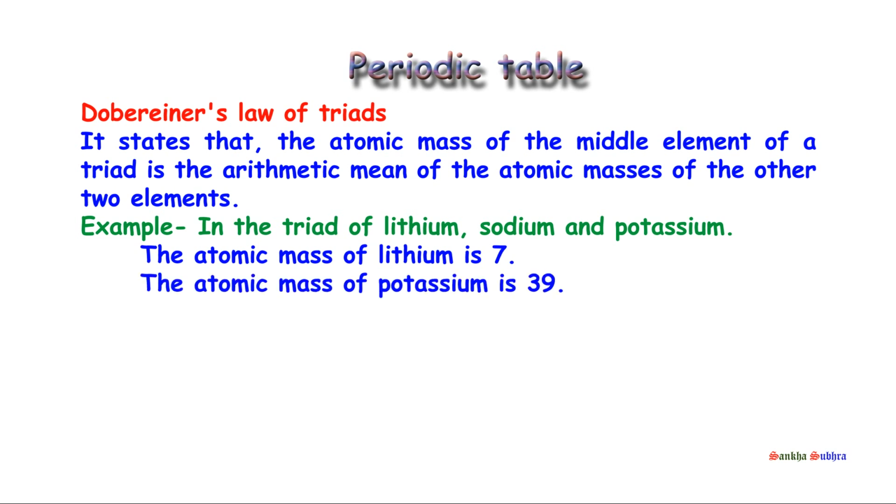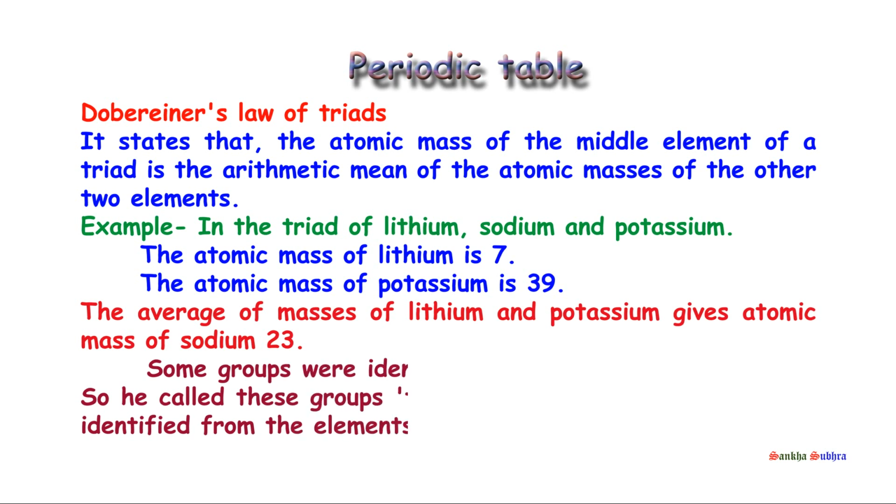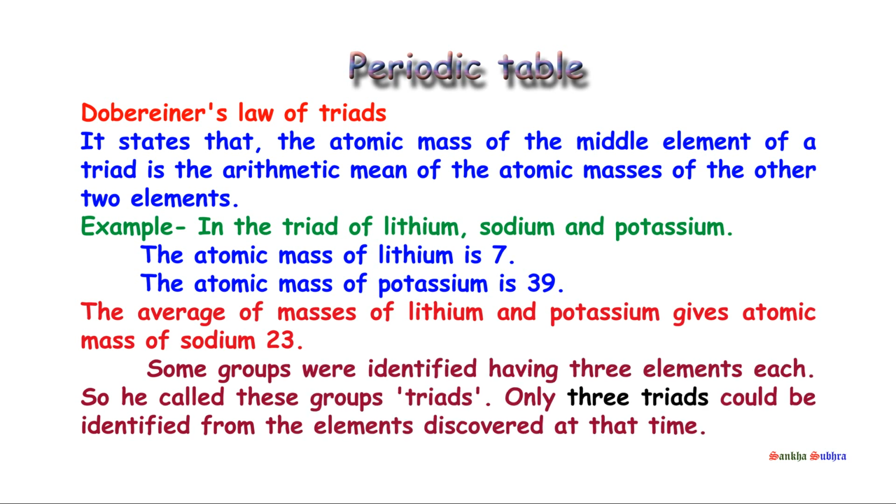If we measure the arithmetic mean of lithium and potassium, we will find that it is 23, and 23 is the atomic weight of sodium. But unfortunately, only 3 triads could be identified at that time, so this was not a proper rule to describe the periodic property of every element.